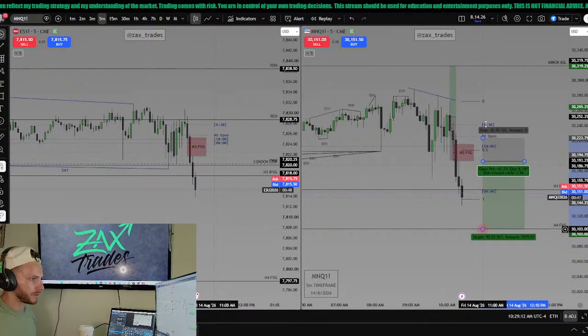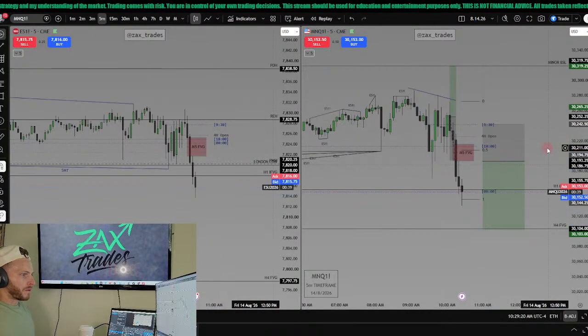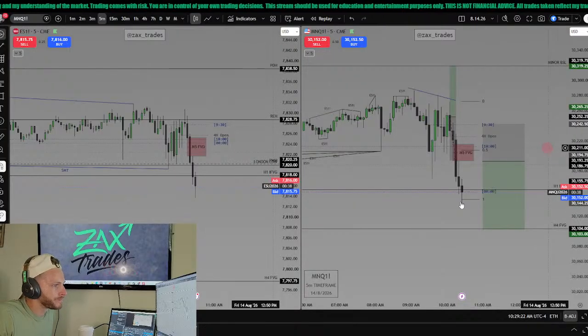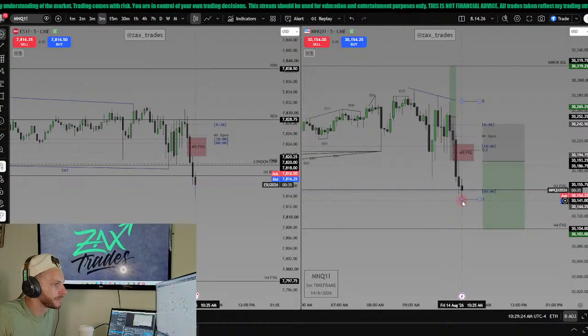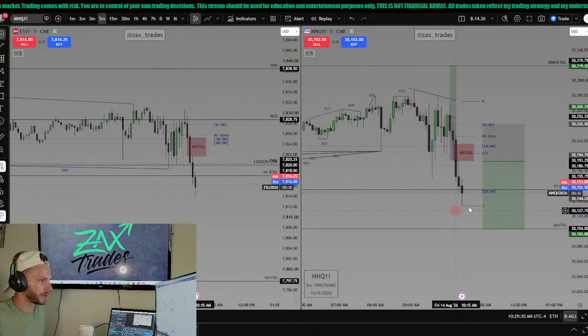Something like this. What I want. We actually have a nice low right here to go break even at.